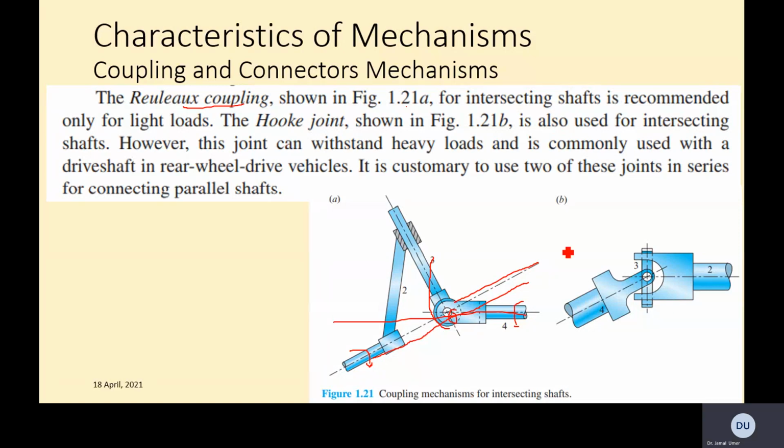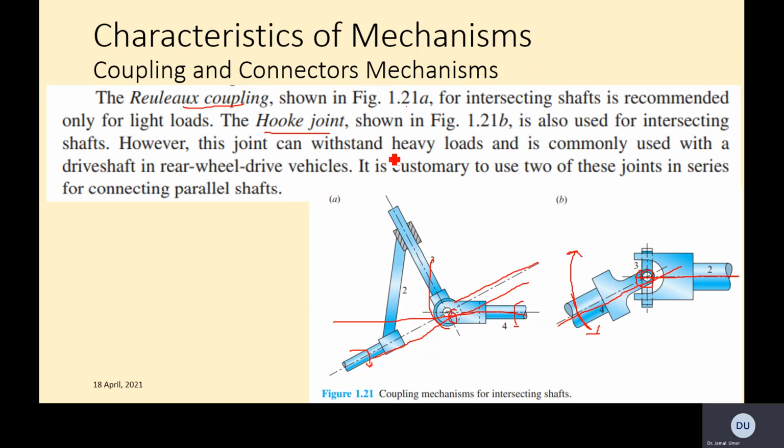The other very famous example is a hook joint, basically. We will also study the hook joint. You see, this is also a possibility of intersecting shafts. This is one shaft, and the other shaft. The axes are intersecting at this particular point, but it has an additional flexibility. For example, this shaft can rotate, and can move up and down as well.